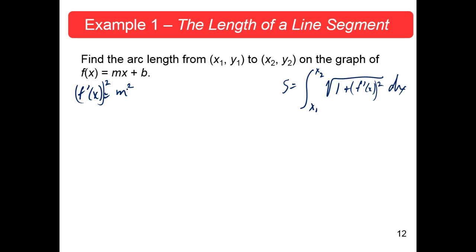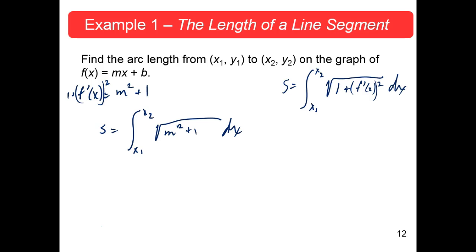And then what's the next thing you do to it? Add 1 to it. Okay, we've done that. Then you take the square root of that. So the arc length is equal to the integral from x1 to x2 of the square root of m squared plus 1 dx.